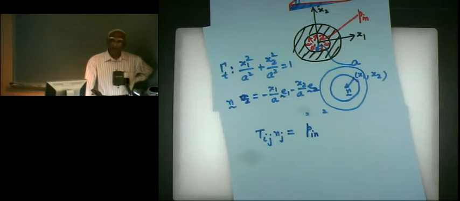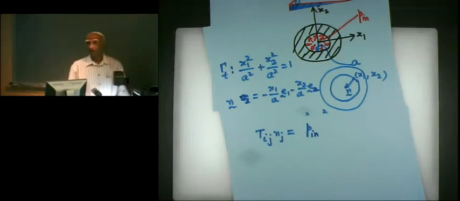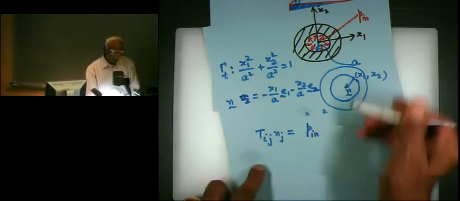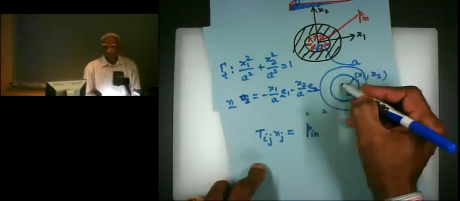Remember, it's Fi, which is force per unit area. The magnitude of that force is P_in, like P subscript In. So what is the direction of that force? Is it along positive n or negative n? Negative n. Because if n is pointing this way, pressure is pointing that way.